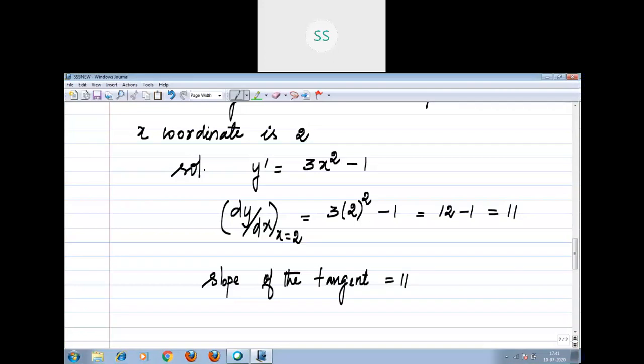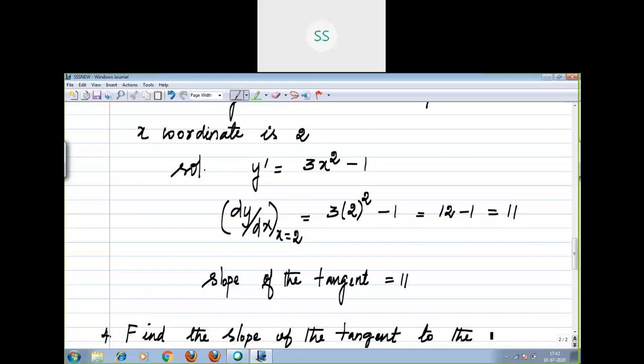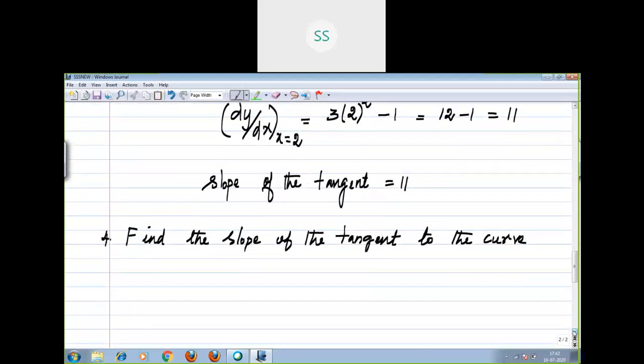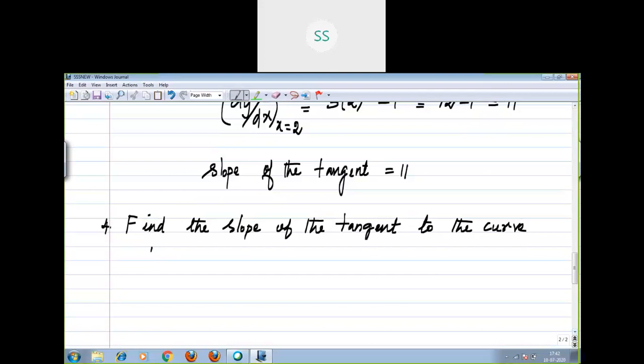You see the same, right? Find the slope of the tangent to the curve y is equal to x cube minus 3x plus 12 at the point x coordinate.